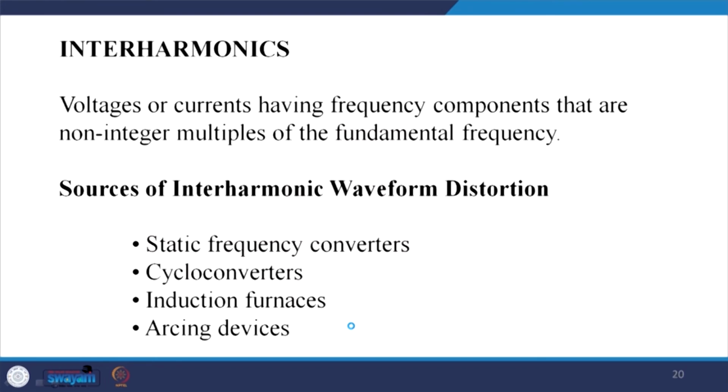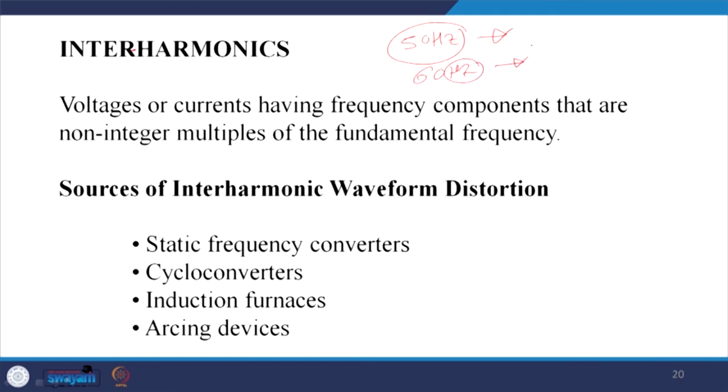So, let us come to the new entity called interharmonics. Interharmonics is a new entity, and it happens like this: you know that we have 50 hertz, and generally in the USA you have 60 hertz.